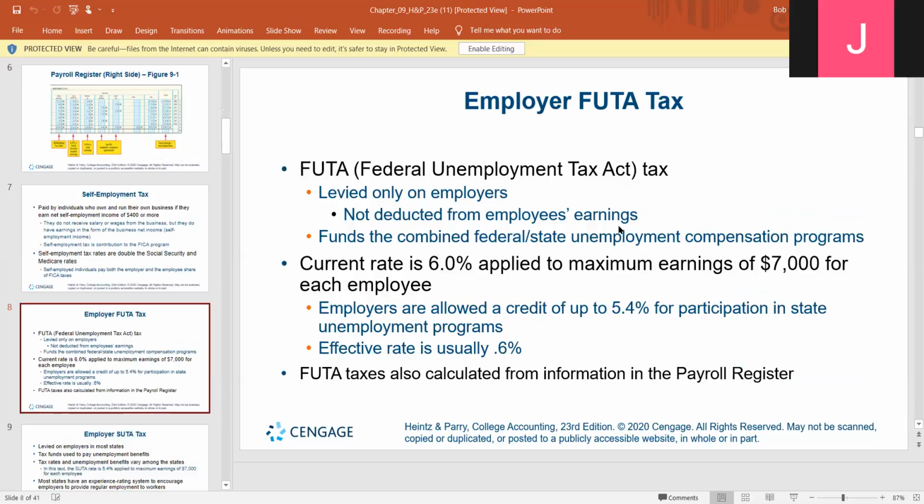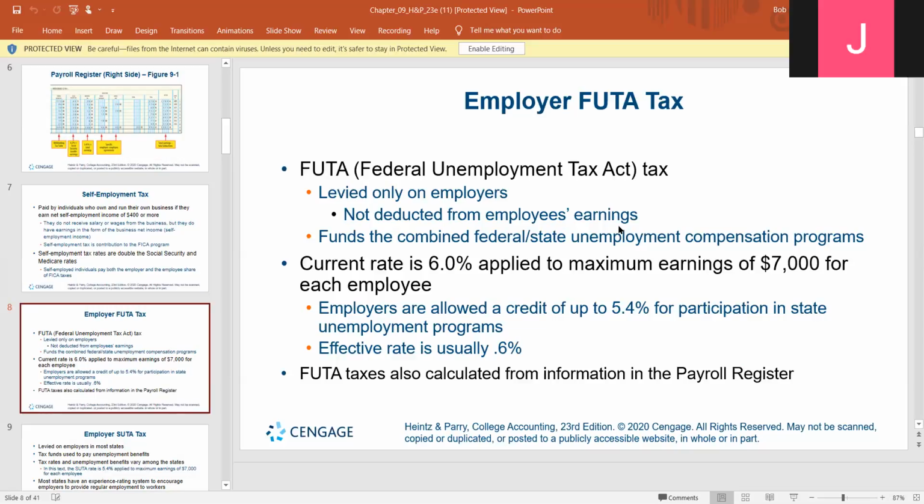Let's understand FUTA and SUTA. Federal unemployment taxes are levied only on the employer. And the current rate they're using as an example here is 6%. But here's the key point: it only goes up to earnings of $7,000 for each employee.